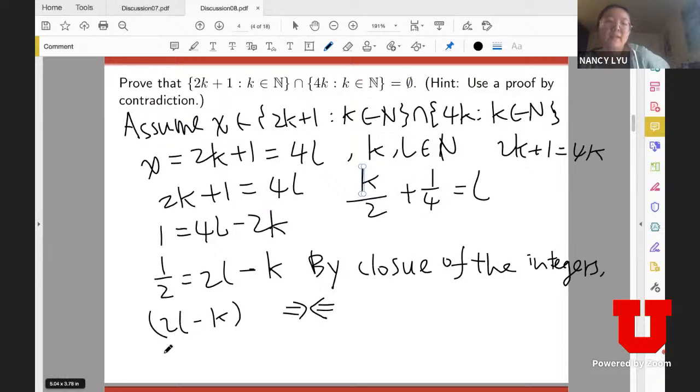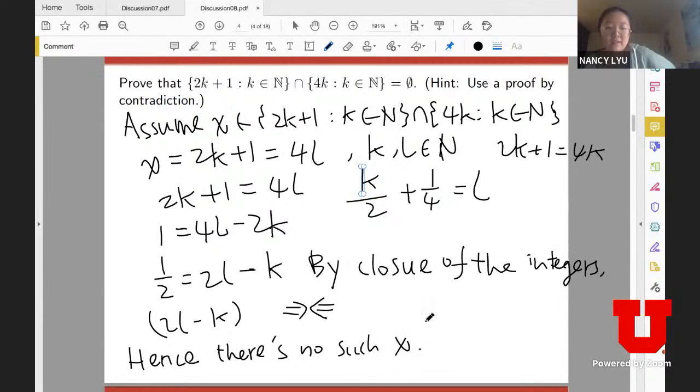Then we can say the original statement must be true, which means there's no such element X that belongs to the intersection of these two sets. Hence there's no such X, and we can say the intersection of these two sets is the empty set.